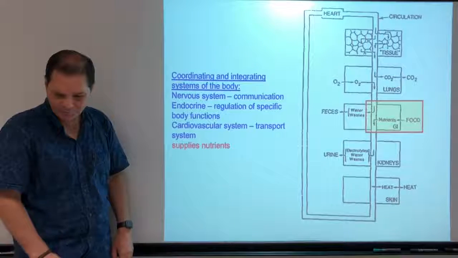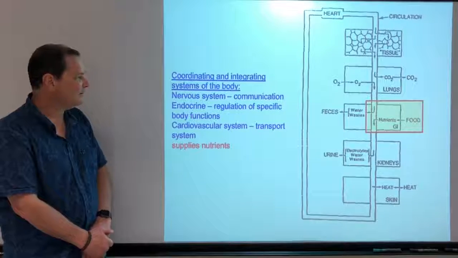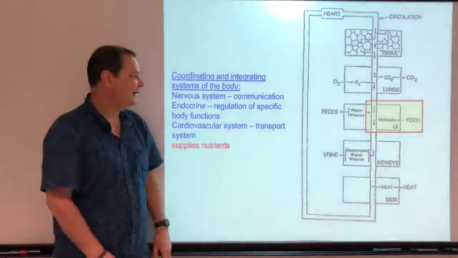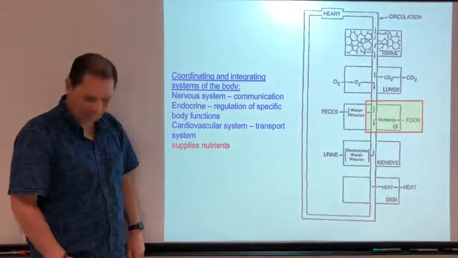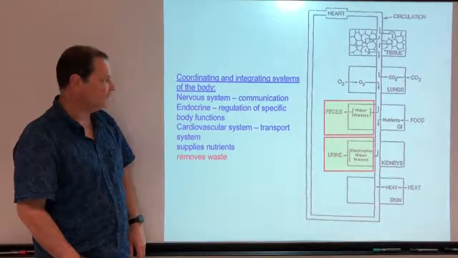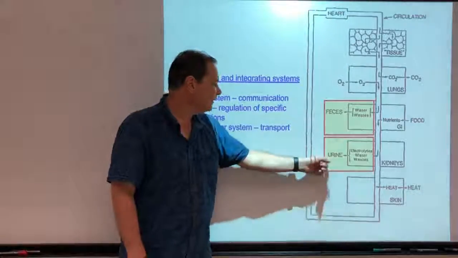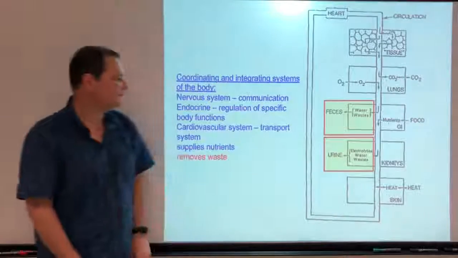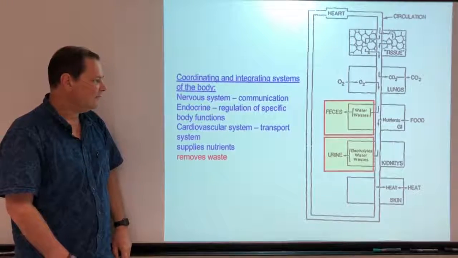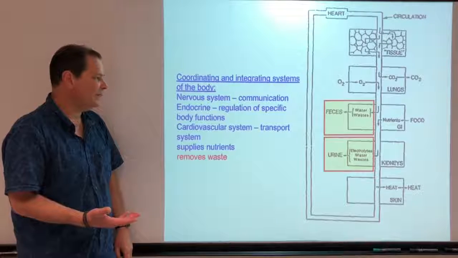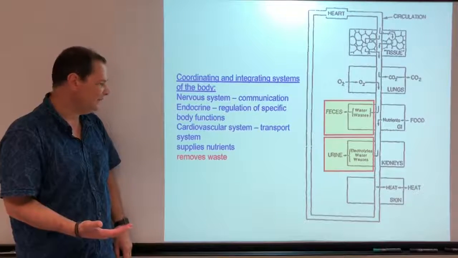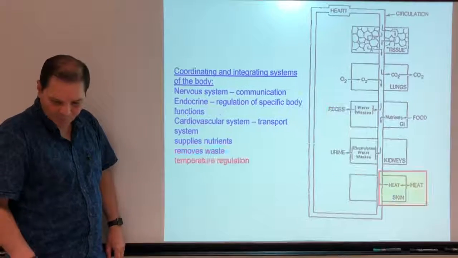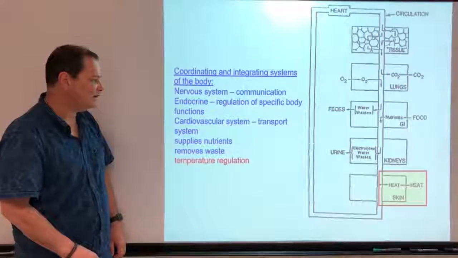That's largely its function. So, the cardiovascular system supplies nutrients. Nutrients are absorbed in the GI tract, and they are carried to the various tissues of the body where they are needed. It removes waste, primarily perfuses the GI tract, keeps it functioning, and is very intimately associated with the formation of urine in the kidneys, and we'll talk about that near the end of this vital fluids block. It's involved in temperature regulation.